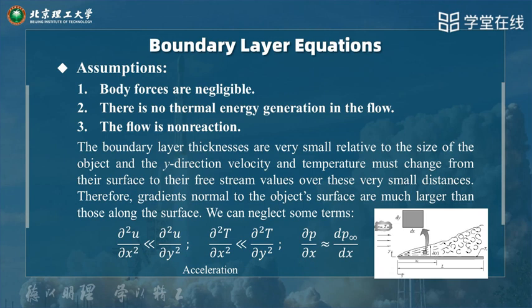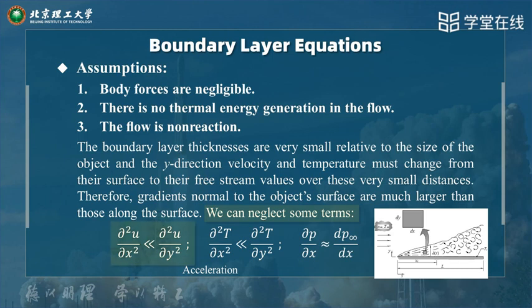Therefore, the gradient normal to the object's surface is much larger than those along the surface. We can neglect some terms.